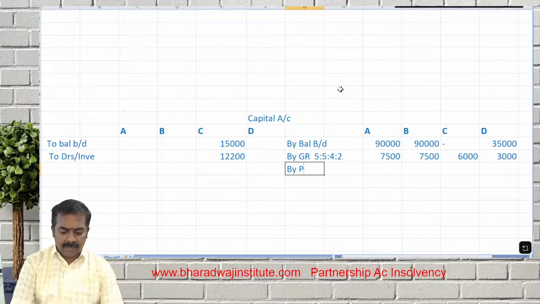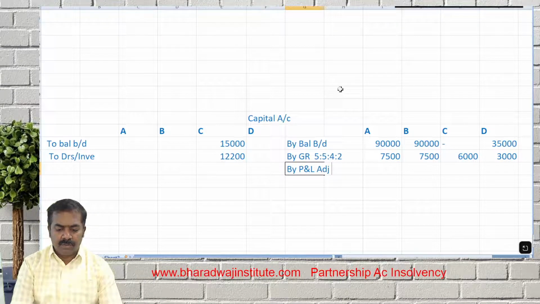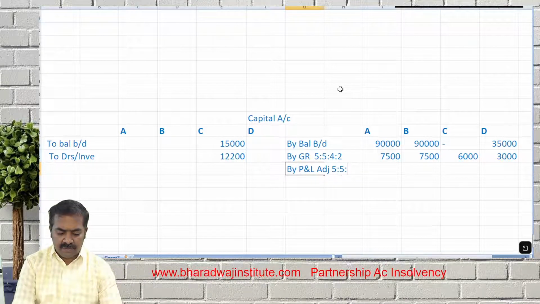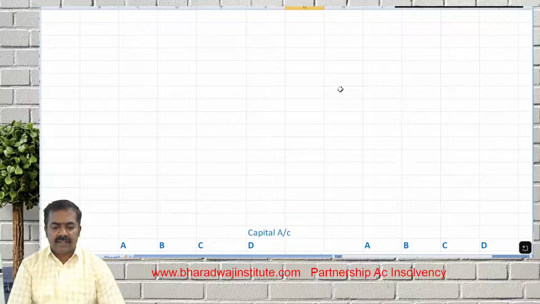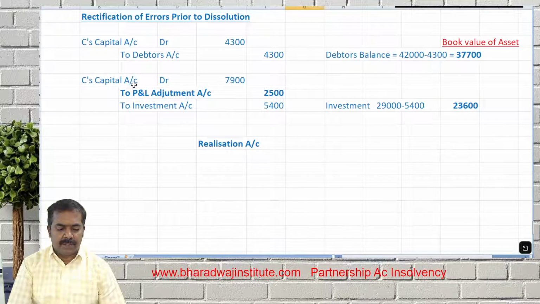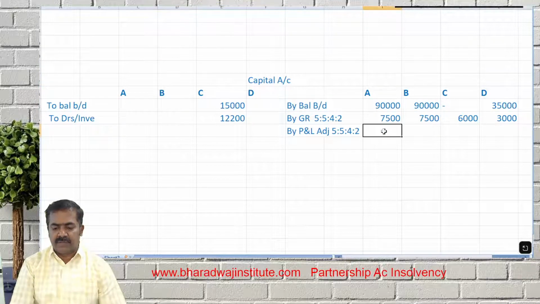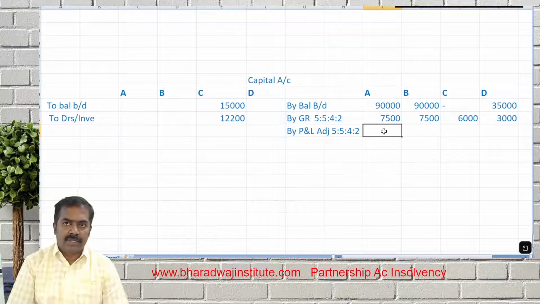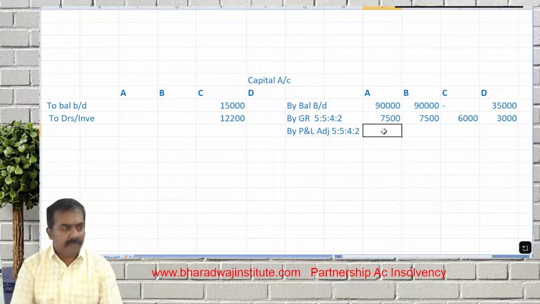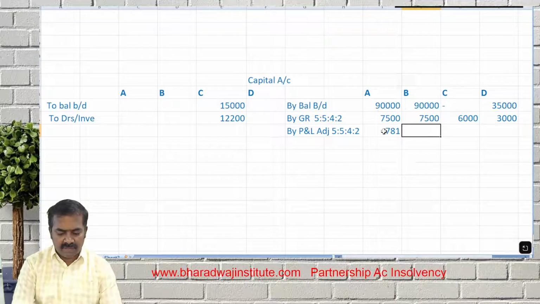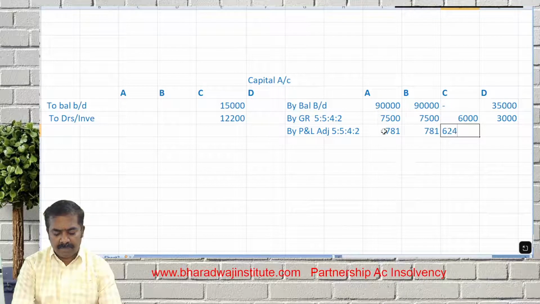Then that P&L adjustment account, and the 2,500 rupees, same ratio, 5:5:4:2. This profit on sale of investment also will go to all partners in the profit sharing ratio. How much again? 781, 781, 624, 313. So this is the impact.